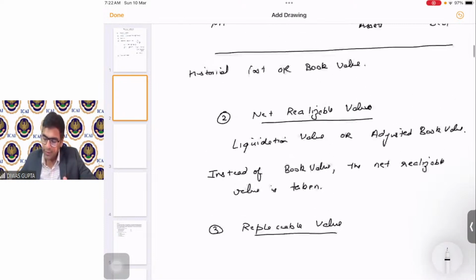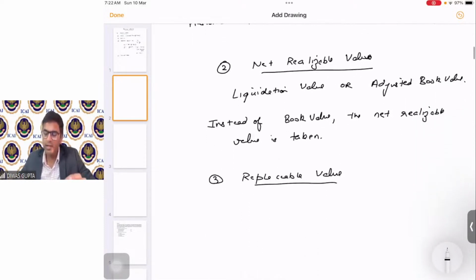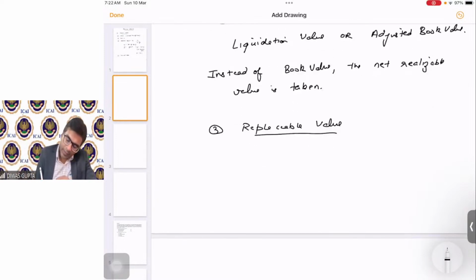Now see, students, the asset-based approach, whether it is net assets value, net realizable value, or replaceable value, always takes into account the transactions that have already happened. It is not forward-looking, correct?